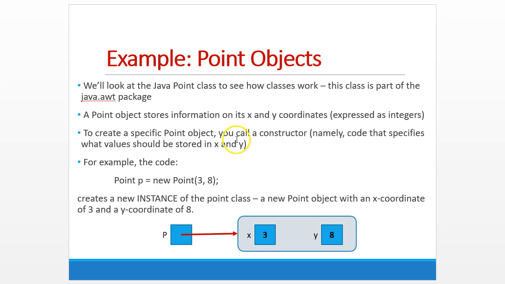And you can call a constructor with a specific x and y just like this. Just like we would do for a string, we say point p equals new point, and then we pass in this data. And what that does is it creates a new object with p pointing to this object that has the data here, 3 and 8.